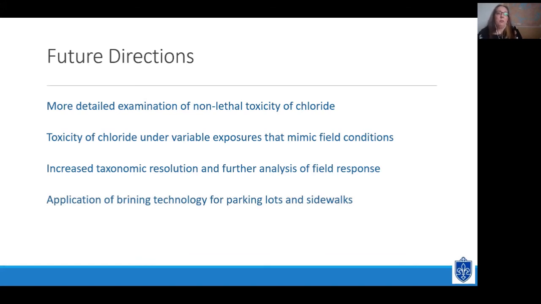There is a need to make BMPs, including brining, more readily available to smaller scale salt users like strip malls, hospitals, and universities, some of which are notorious for over-applying salt on parking lots and sidewalks. Before this technology can be widely recommended, I think we need to have some quality replicated studies on its effectiveness.